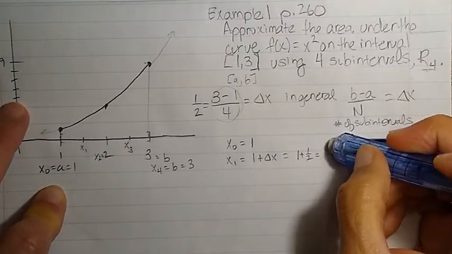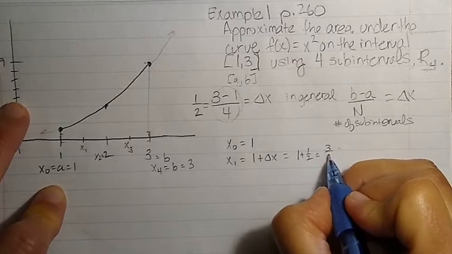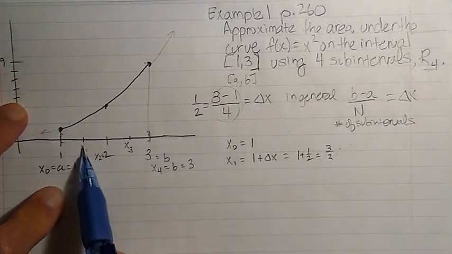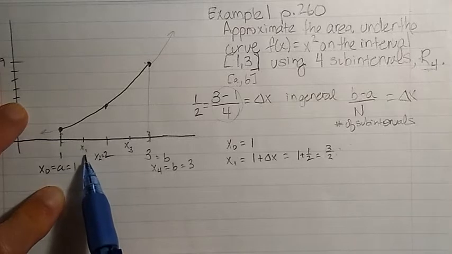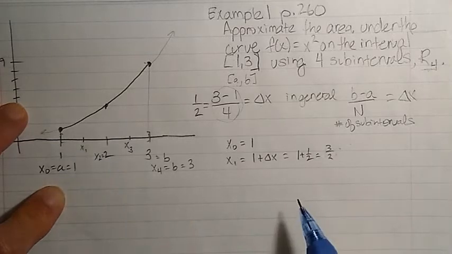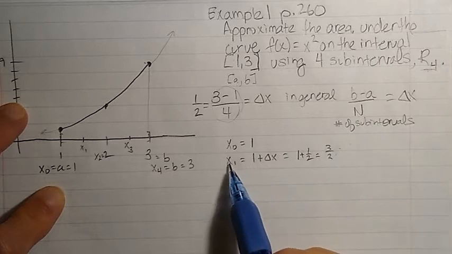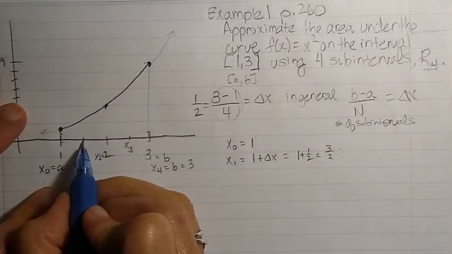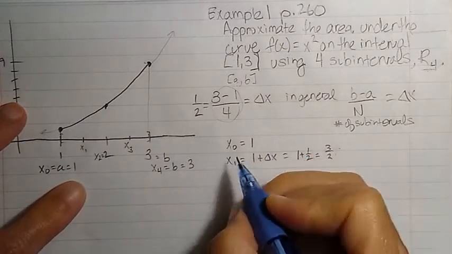I think I'm going to keep it in fraction form, 3/2. That would have been easy enough for us to see, but what we're trying to do is develop a general process that works every time to be able to write out what these right or left-hand endpoints are. You can think of x1 as a right or a left-hand endpoint in this situation.